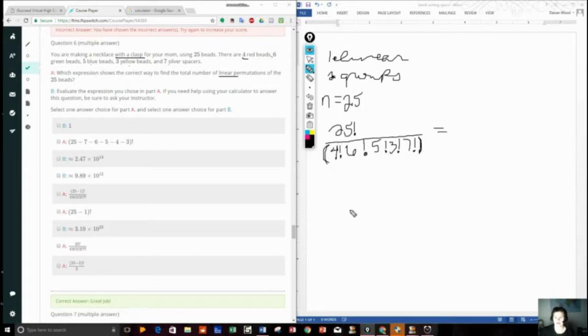If the numerator had 25 factorial times 3 factorial, we would include parentheses around that as an entire group, because that's what parentheses indicate. It indicates that this is an entire group. So anytime you have more than 2 numbers in the numerator or denominator, you're going to use parentheses.